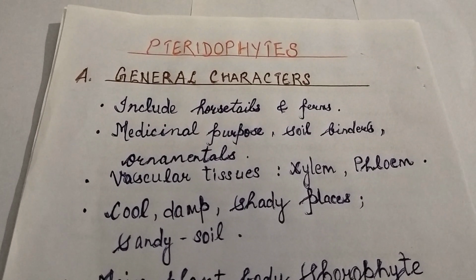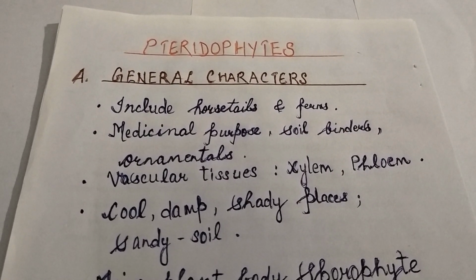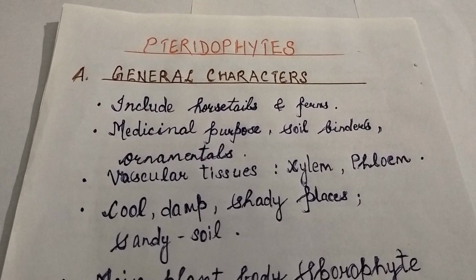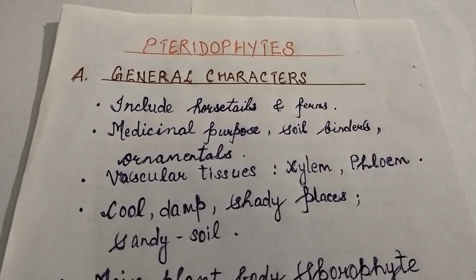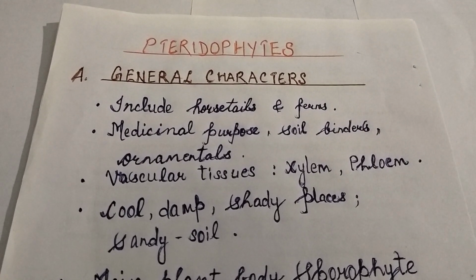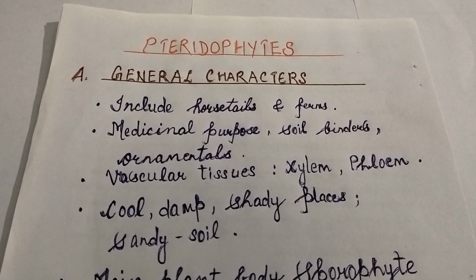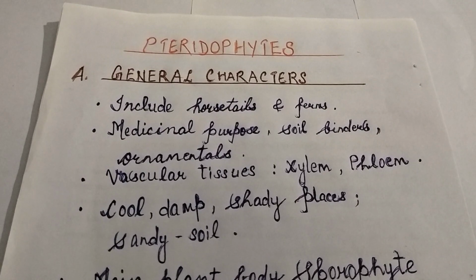Next character, pteridophytes are found in cool, damp and shady places, though some may flourish well in sandy soil conditions also, but only some. Mostly they are found in cool, damp and shady places.